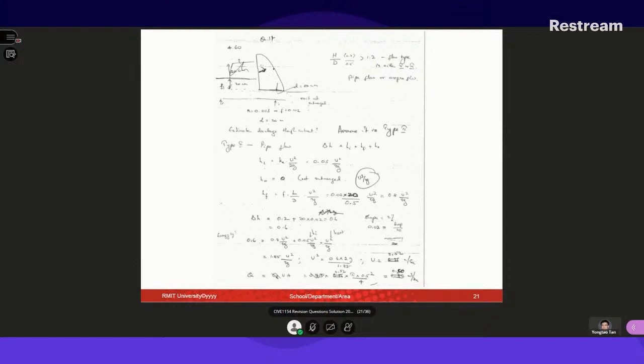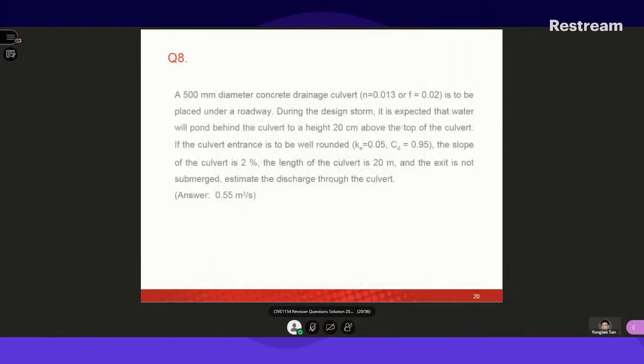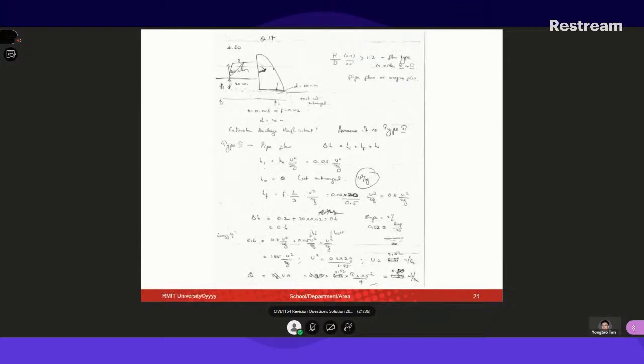At the entrance the coefficient is 0.05. I think it's given in the question. Let me see. Yes, the entrance is 0.05. And the outlet is 0, meaning the exit is not submerged, so the exit minor loss is 0.